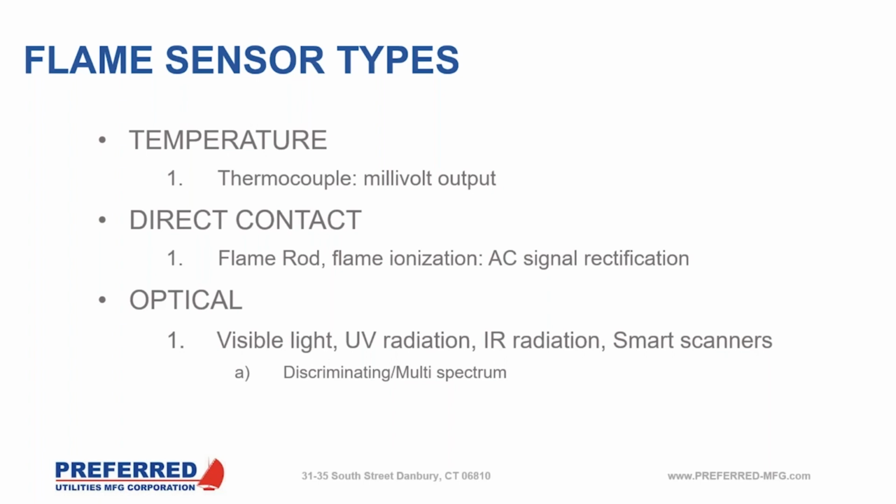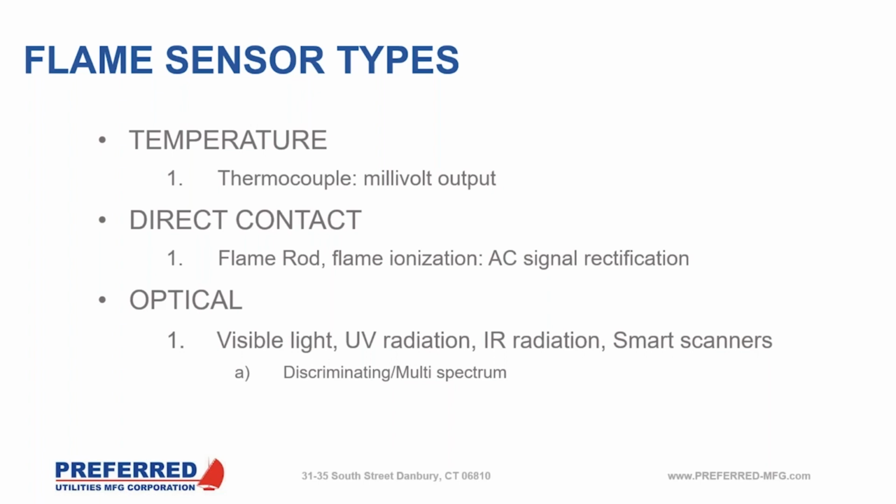Direct contact is going to be like a flame rod, and you'll hear the term flame ionization or AC signal rectification. Also, the most common anymore for larger burner applications would be optical. This would be the ones that fall into the visible light spectrum, UV radiation spectrum, the IR area.